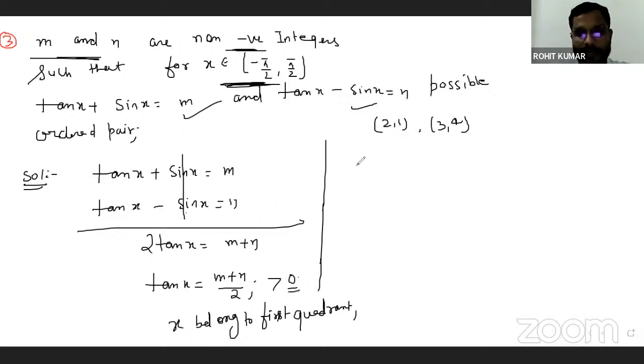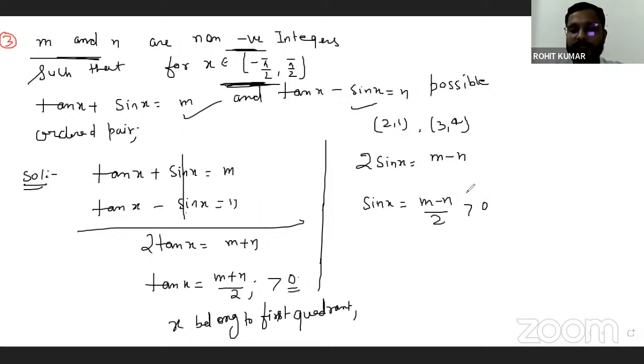Now if we subtract, we have 2 sin x is equal to m minus n, so sin x is equal to (m minus n) by 2, which should be positive because tan x is also positive. Then m should be greater than n, so option (3, 4) is removed, because there m is 3 and n is 4. Let's take m equal to 2 and n equal to 1.